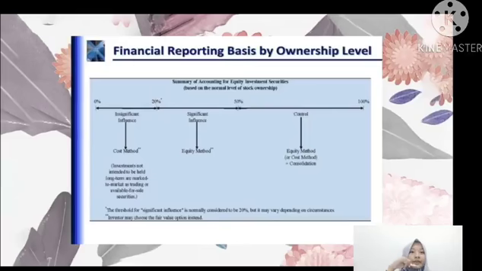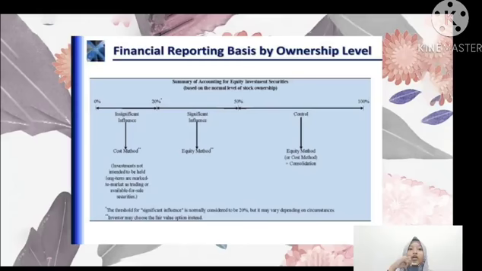So here's the summary about the ownership level. If we have 0 until 20%, we are said to hold insignificant influence, and we can use the cost method.